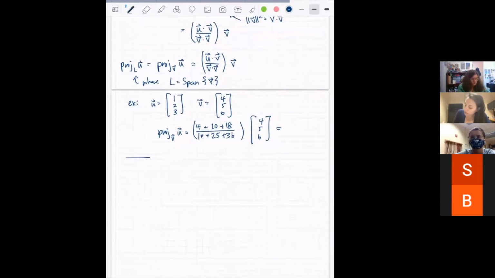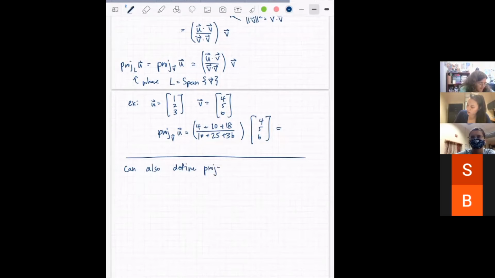You can also define the projection in another way, which will come in handy a bit later. You can define the projection in the following way.